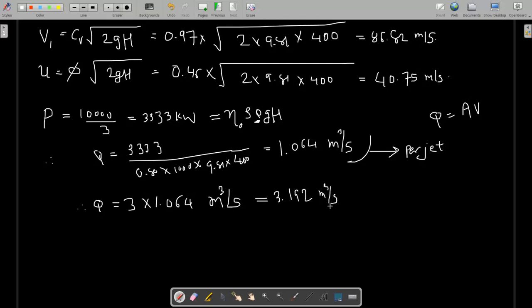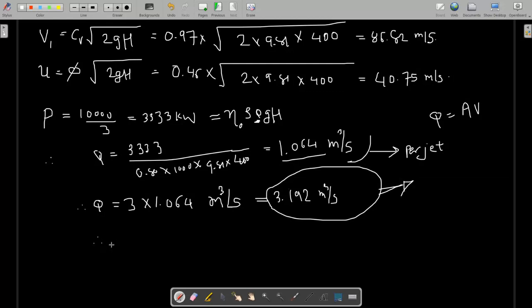You might have questioned why I have found this total discharge. I can also find the diameter from this single discharge. This is in meter cube per second, velocity is given. So this will be helpful in our next second thing, the force calculation.